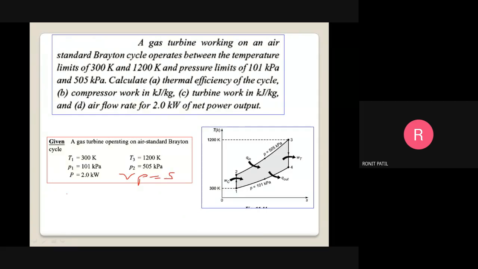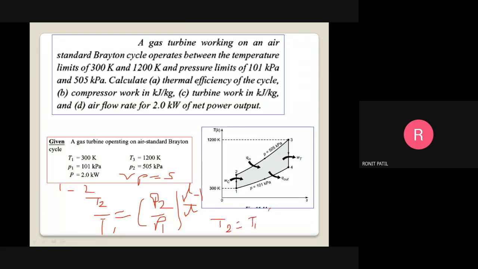Now write down, for isentropic process 1 to 2, T2 upon T1 is equal to (P2 by P1) raised to (gamma minus 1) upon gamma. So T2 is equal to T1 into 5 raised to 0.4 upon 1.4.